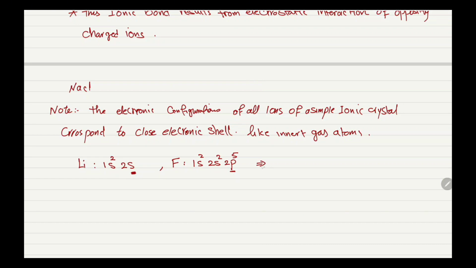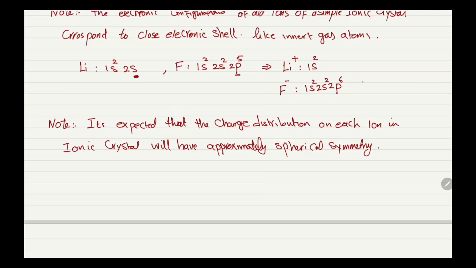The lithium ion is plus because it lost one electron, 1s2. The fluoride ion accepts an electron and is minus, and it will be 1s2, 2s2, 2p6. It's expected that the charge distribution on each ion in ionic crystals will have approximately spherical symmetry.